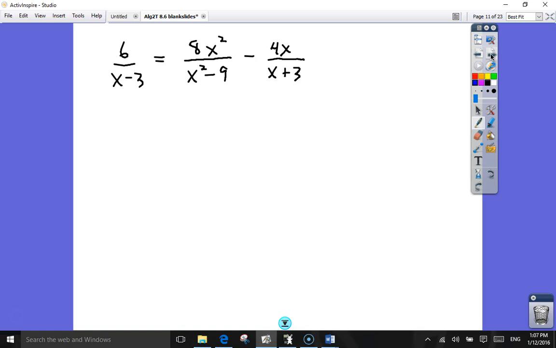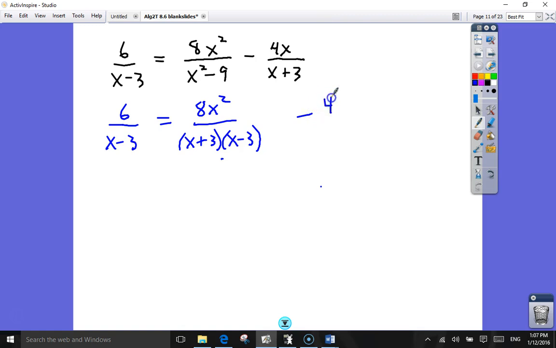Okay, let's do the same thing with this one. Before I can find the LCD on the right, I've got to factor that one denominator, right? How do you factor that? So this is x minus 3 equals 8x squared over x plus 3 times x minus 3, minus 4x over.